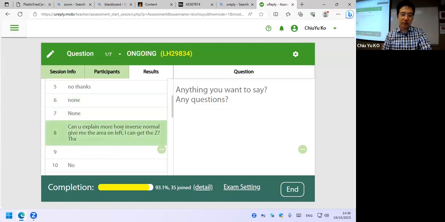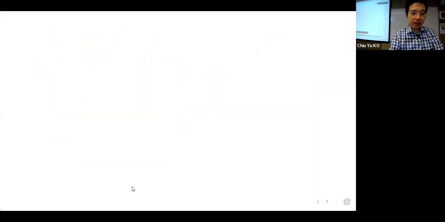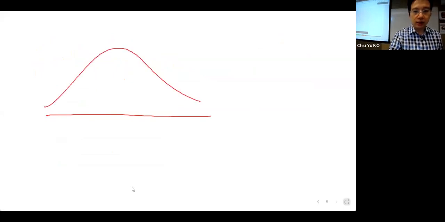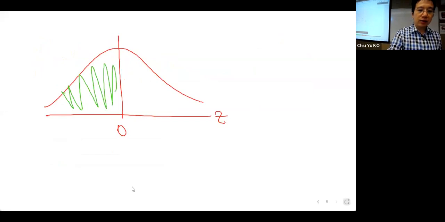Oh, can I explain the idea more? Okay. Yes. So the idea is like this. Suppose the inverse is like this. It's just reading the graph. The question is like this: suppose I want to find the number for which the area on the left is 0.5.